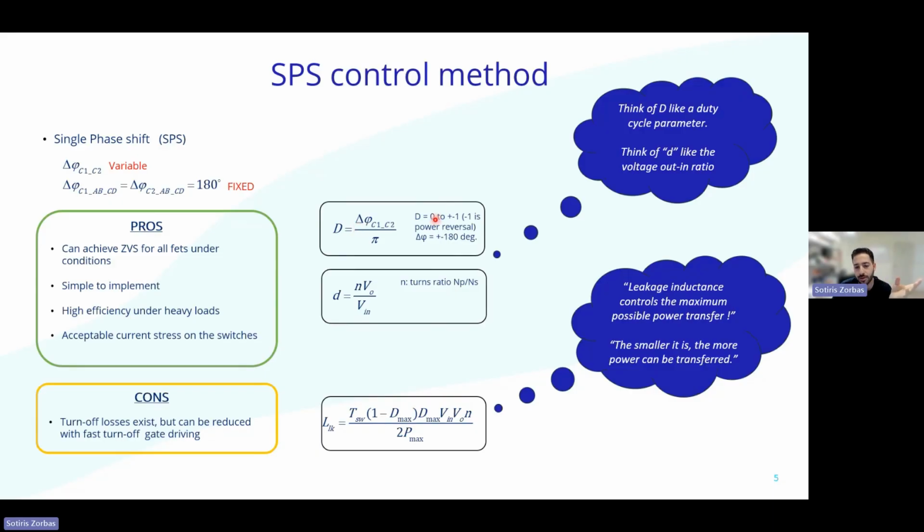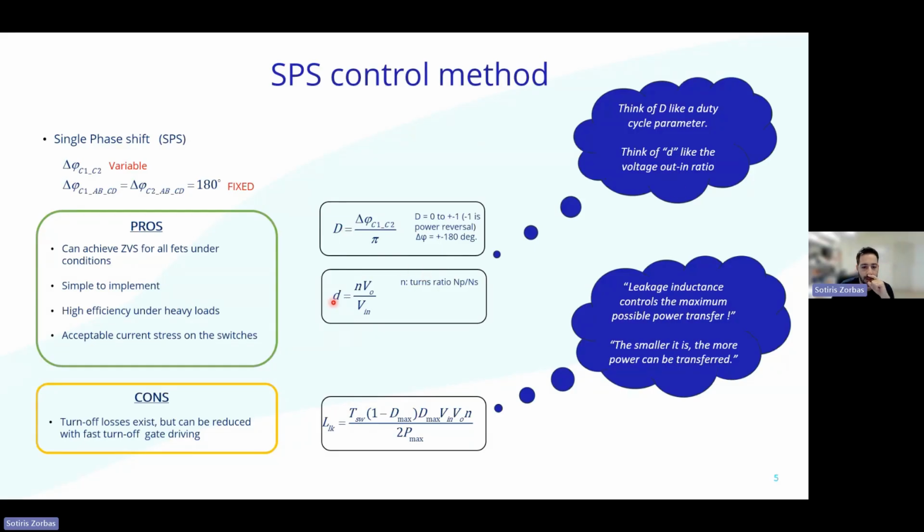If you vary D from 0 to +1, the power flows from the input to the output. If you vary D from 0 to -1, that's a negative phase shift actually, you reverse the power. And okay, so we have this capital D notion of, think of it like a duty cycle for now.